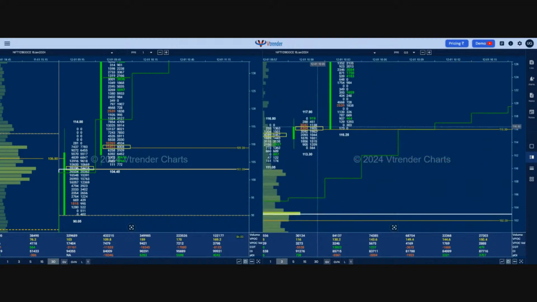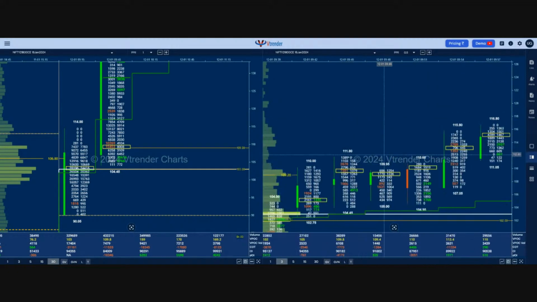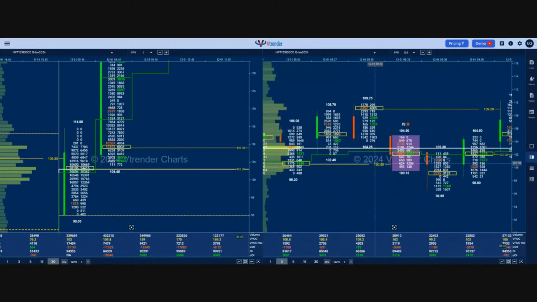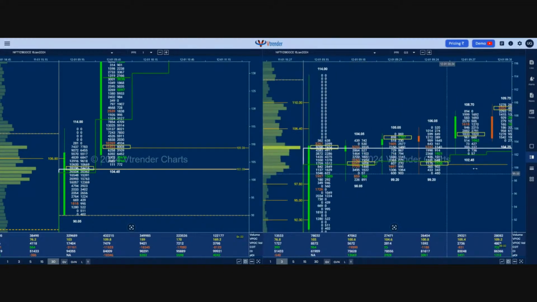So here we are. So these are the opening bars of the 21,800 call option.